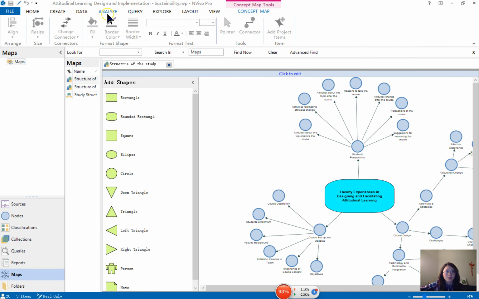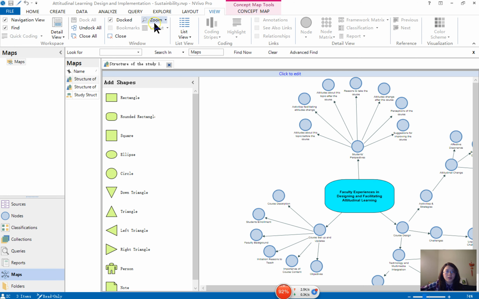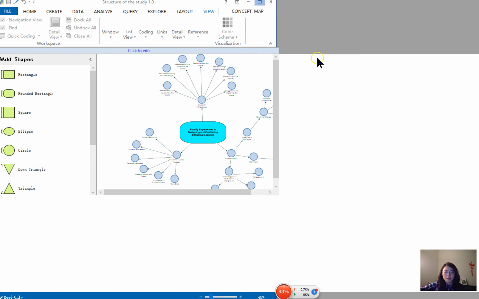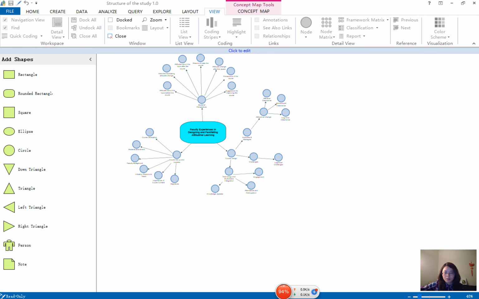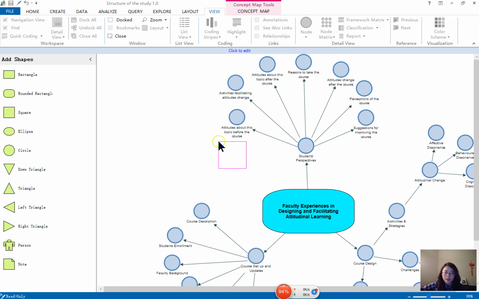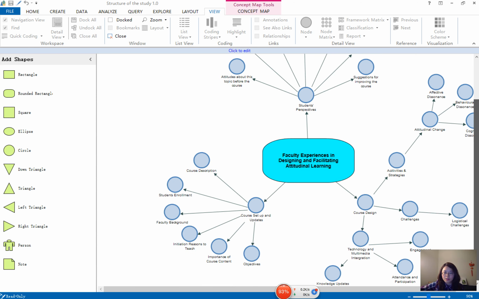So this one, okay. So I have a couple of the notes and also the sub notes, and how they connect to each other.